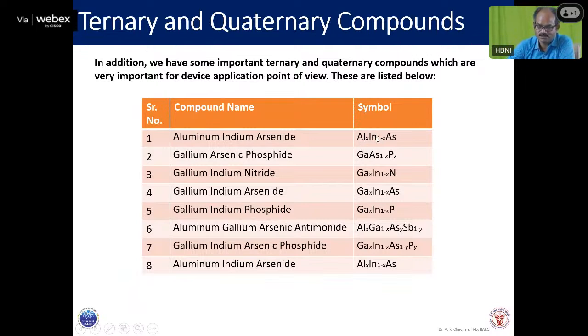So you have such compounds: aluminium indium arsenide, gallium arsenic phosphide, gallium indium nitride, gallium indium arsenide, gallium indium phosphide, aluminum gallium arsenic antimonide, gallium indium arsenic phosphide, and aluminium indium arsenide. For all these materials, you can have a look and read the details, so you have an idea of all the possible semiconducting materials.